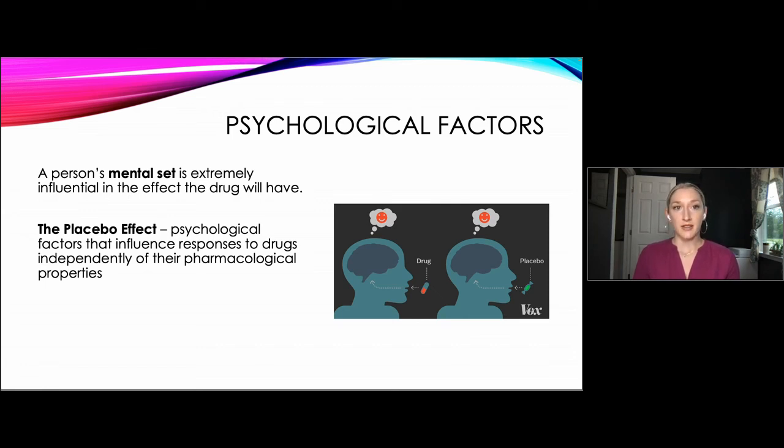But they're finding that simply thinking that you're taking the drug, and that it's going to have the effect that you expect it to have, can be enough to make even that placebo effective and to make that drug do what you think it's going to do. There's an article in this week's module you'll read on that.